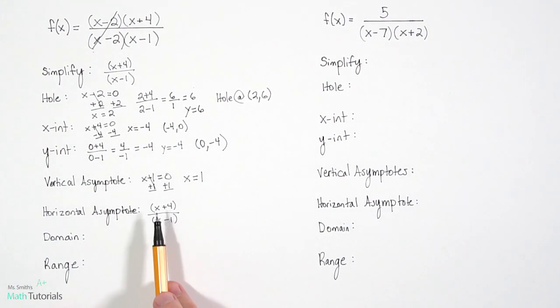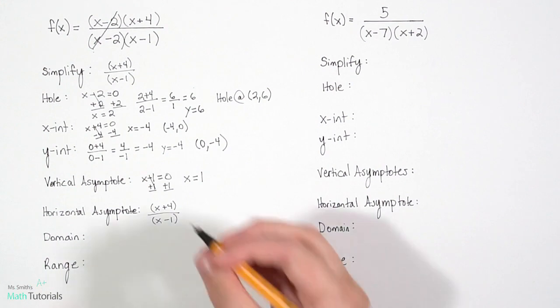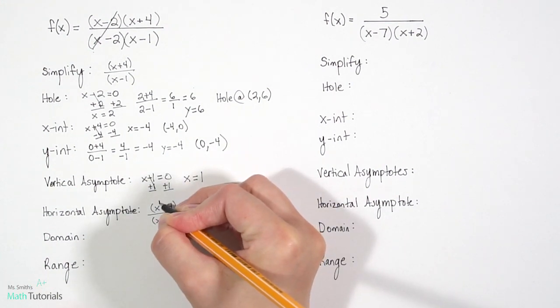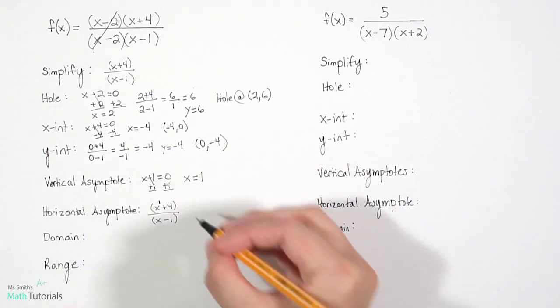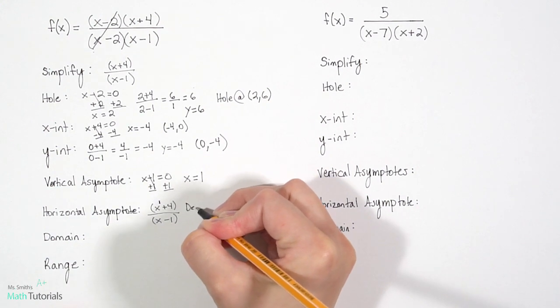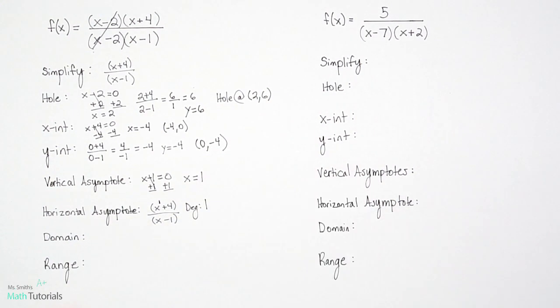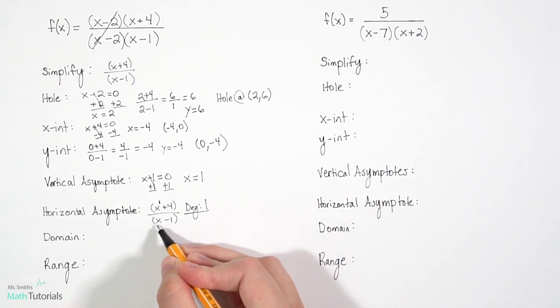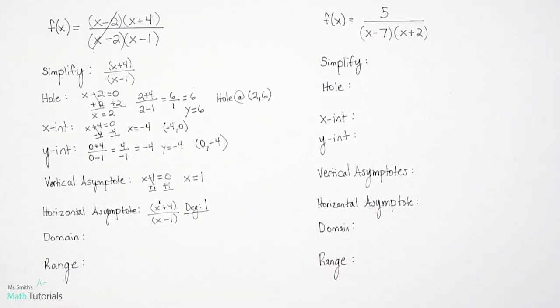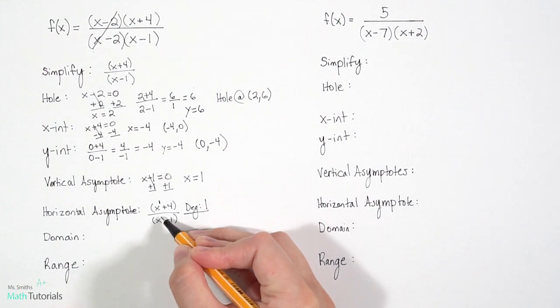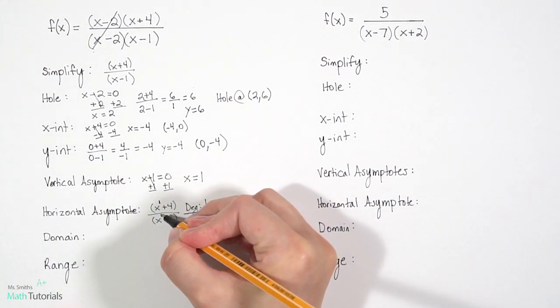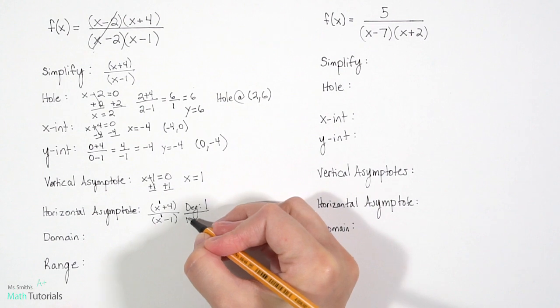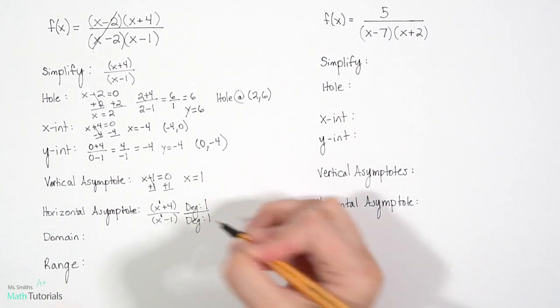But remember that if we have just a variable, so in this case just x with no exponent, it does have an exponent. The exponent is 1. So we would say the degree of the top is 1. And when we look at the denominator and we say, okay, what's our highest exponent? Well, we don't see one. So what has to be the exponent on the x? It's just a positive 1. So the denominator also has a degree of 1.